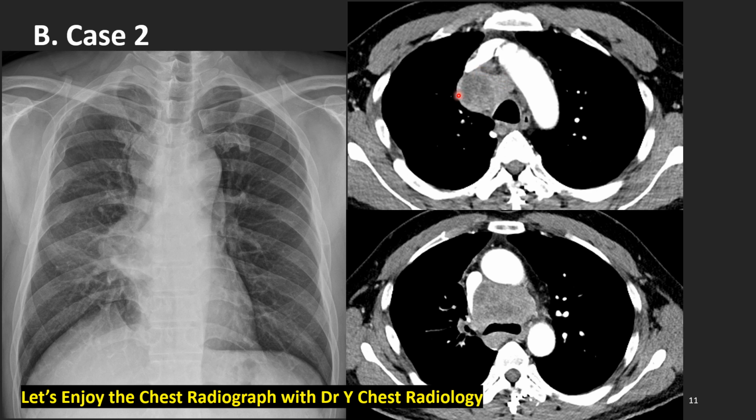Actually, this is a conglomerated lymphadenopathy of small cell lung cancer, heterogeneous enhancement. Look at this huge bulging contoured mass encasing the large airway. This is conglomerated lymphadenopathy looking like small cell lung cancer.